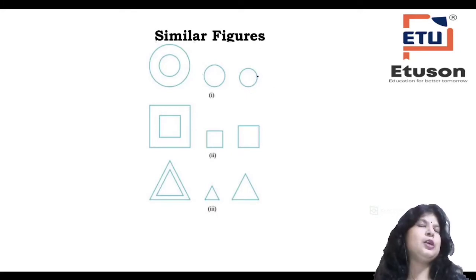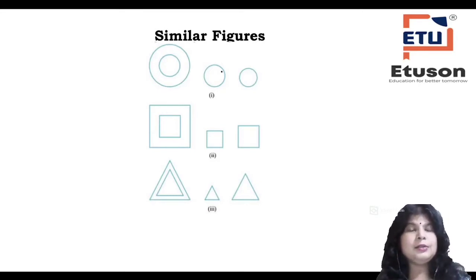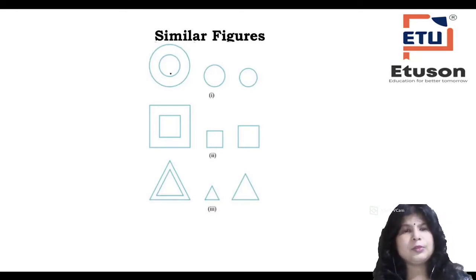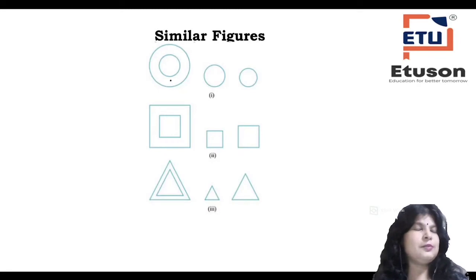But what about congruency? Are the circles of the same shape and same size? For that you have to compare the radius of the circles. As you can see, here there is a bigger circle and there is a smaller circle. So these two circles definitely are not congruent. Now you can compare this inner circle and this circle.